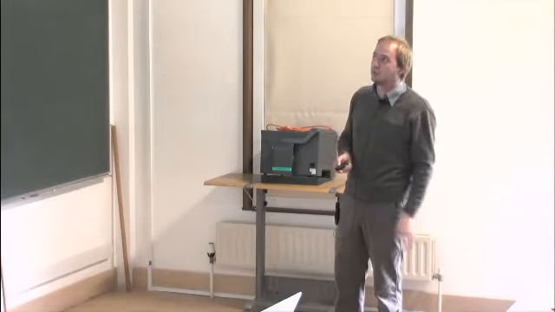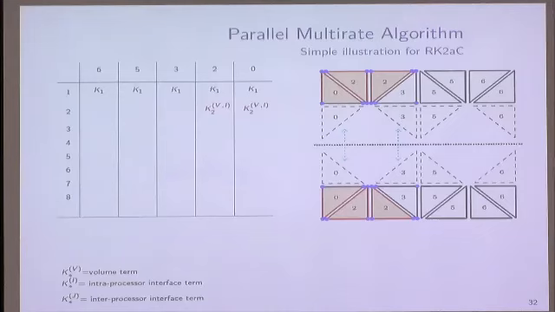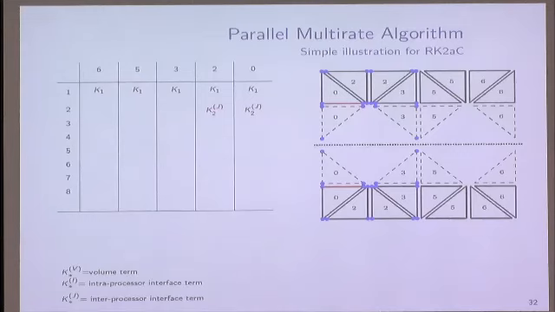So you compute the input, you compute the volume and inter-processor interfaces for K2, and after that, you also receive the information, you compute the inter-processor interface residuals, and after that, you can compute your next step solution for the smallest multirate group, and so on.